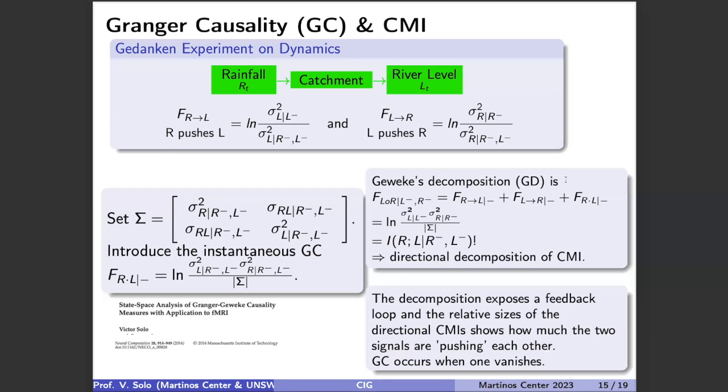And then shortly after, an engineer, Jorma Rissanen, a Finn communications guy, realized that actually it was a decomposition of mutual information into directed mutual information. So the overall mutual information, trajectory mutual information, is a sum of 2 directional measures of trajectory mutual information plus an instantaneous measure. So this is brilliant because it means that you could try to generalize this thing beyond linear time series models. So there's been some work on that and I've contributed to that. Here's the problem.